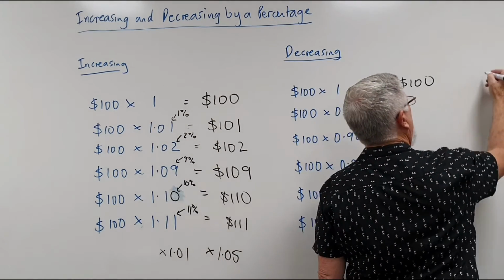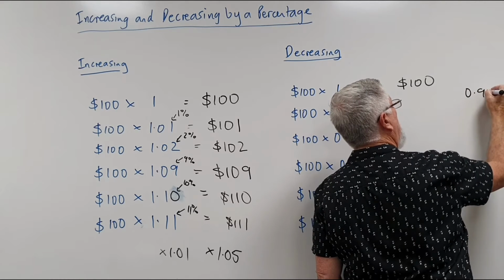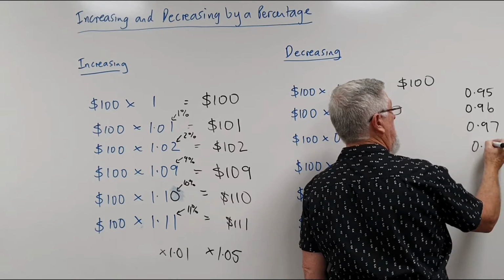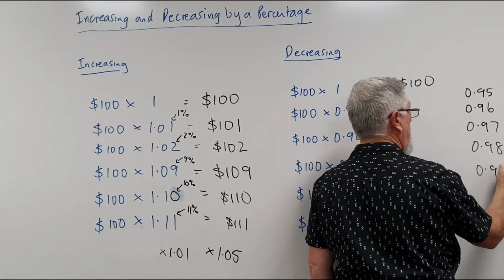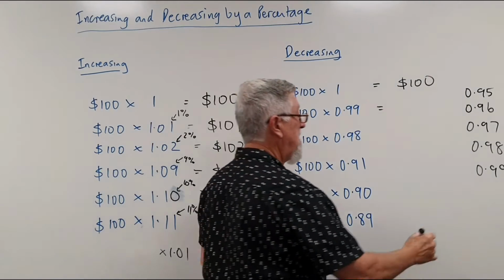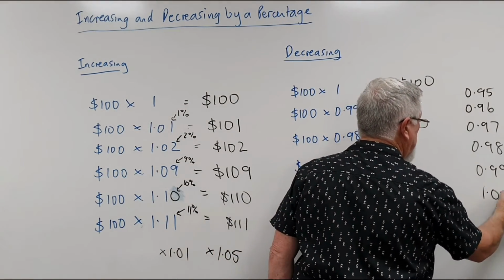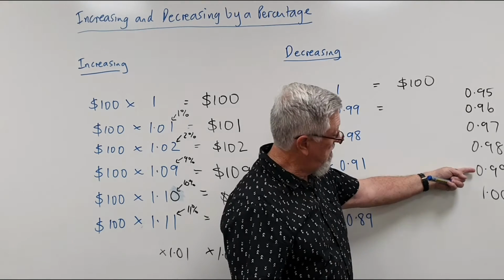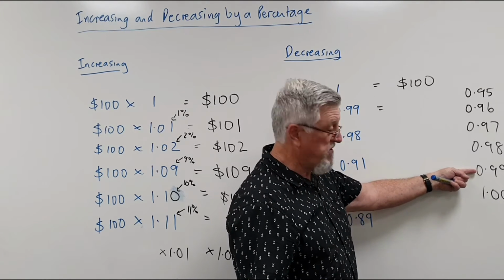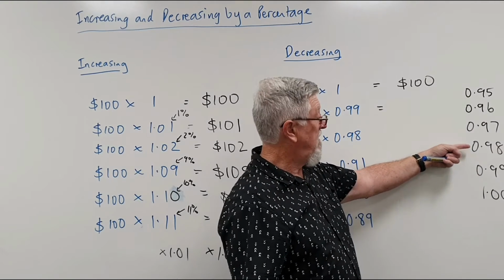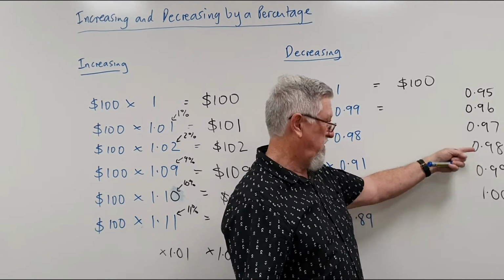Maybe if you did it for a moment, if you had 0.95, after that comes 0.96, after that comes 0.97, 0.98, 0.99, and after 0.99, 1/100th later, you're up to 1. I could put 1.00. So that's 1/100th less than 1. 1% less than 1. That's 2/100ths less than 1. So 2% less than 1.